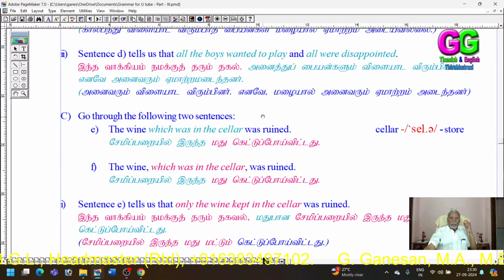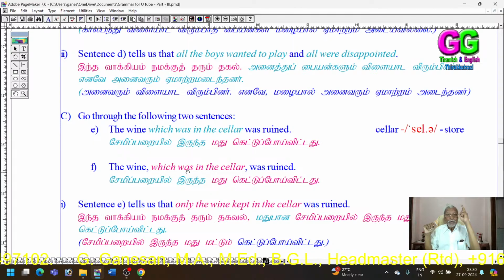Go through the following two sentences. The wine which was in the cellar was ruined. Defining and non-defining. My dear students, again the meaning is the same: the wine which was in the cellar was ruined.